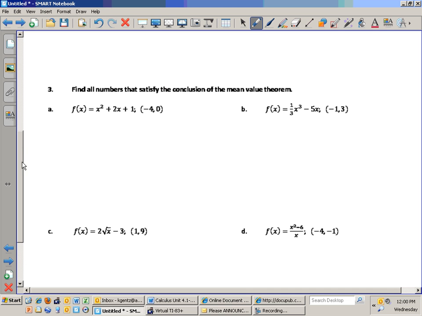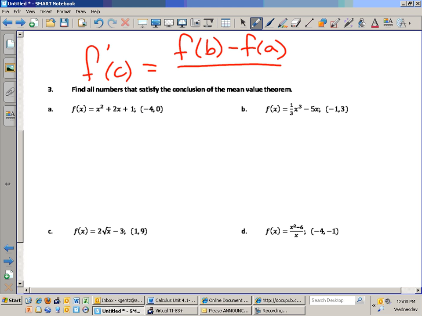I don't know if you remember from yesterday, but the mean value theorem says this. There exists some point C such that if you take the derivative of it, it's equal to the mean value, which is simply our slope formula. So what that's telling me to do is take the derivative of my function. What's the derivative of my function? 2x plus 2 equals f of b.